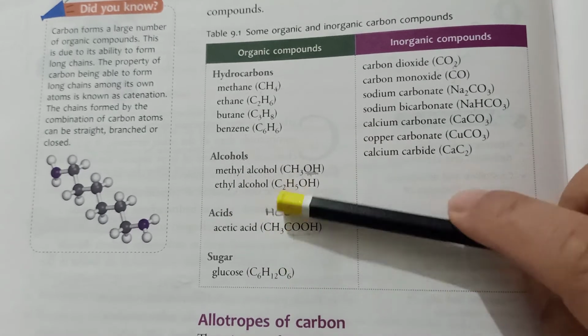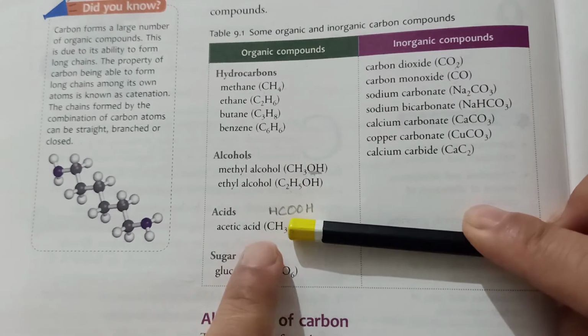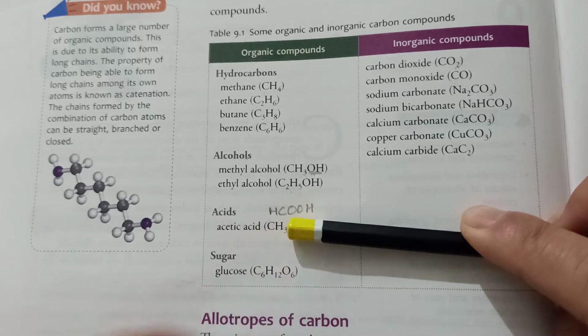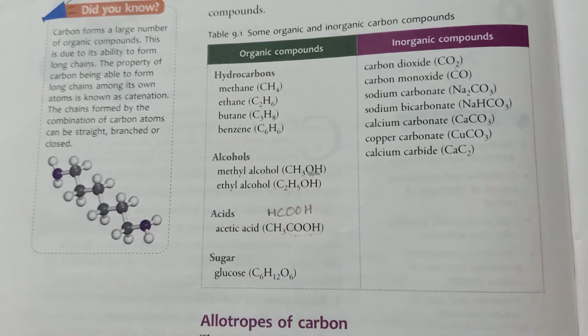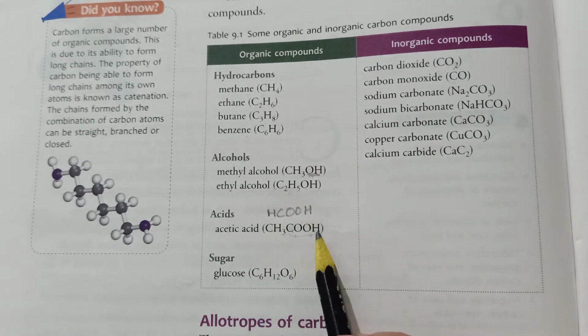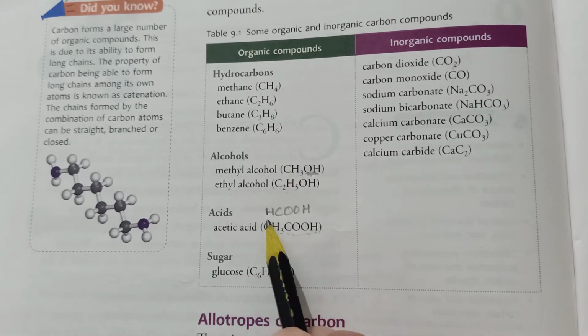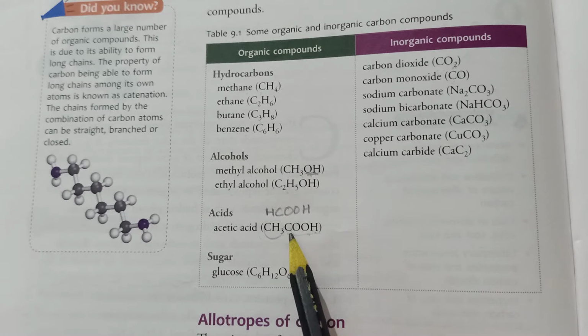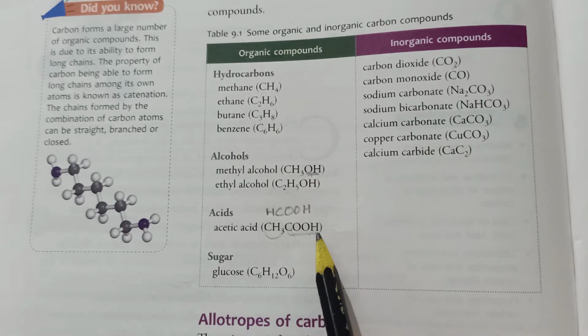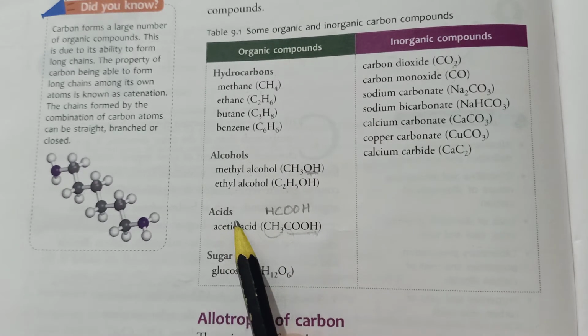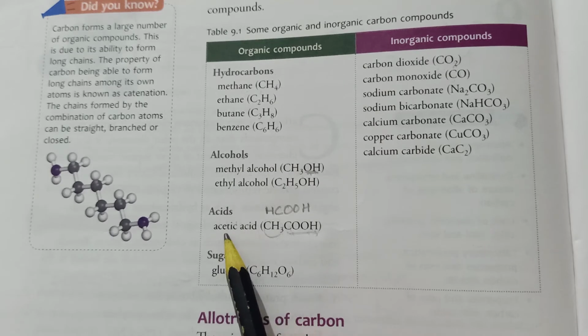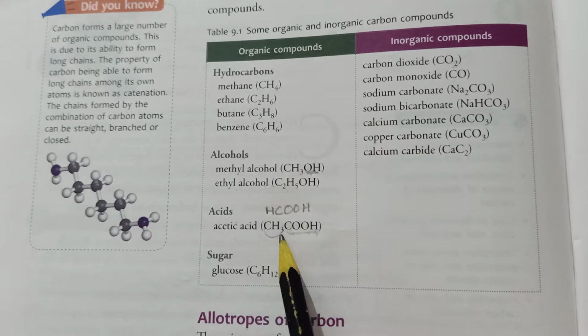Now again in the same way, if with hydrocarbon CH3, this is hydrocarbon. Now if we have acid group, the organic acid group is COOH. So if with this hydrocarbon we have organic acid group, then those compounds are called organic acids. Here we have acetic acid.